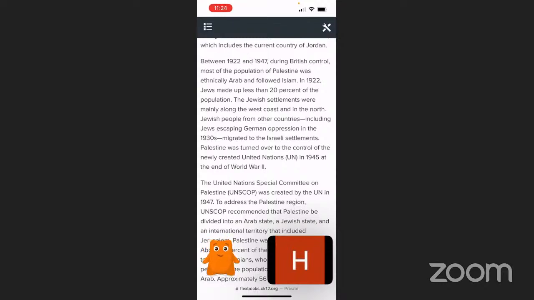Jewish people from other countries, including Jews escaping Germany in the 1930s, migrated to the settlements. Palestine was turned over to the control of the newly created United Nations in 1945 at the end of World War II.